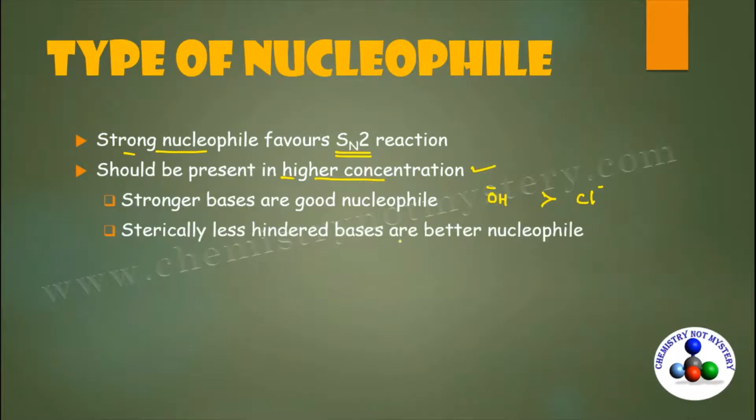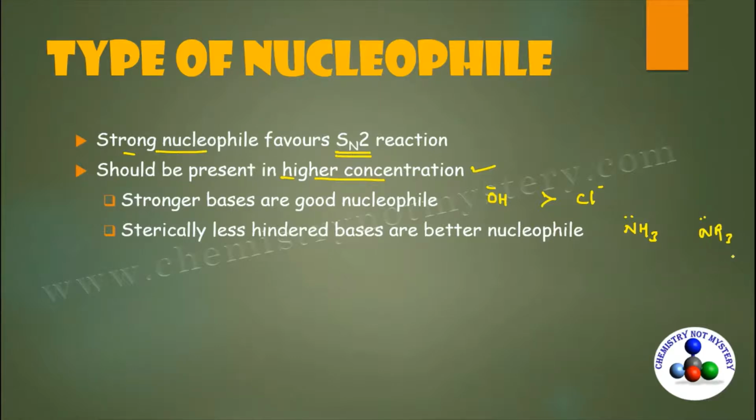Sterically less hindered bases are better nucleophiles. So when you compare the nucleophilicity of NH3 and NR3, in NH3, nitrogen is bonded with three small hydrogens. So it is sterically less hindered, while in case of NR3, nitrogen is bonded with three alkyl groups.